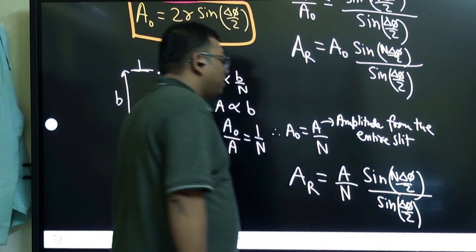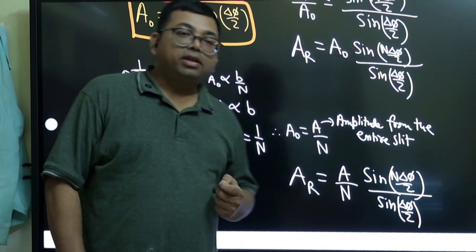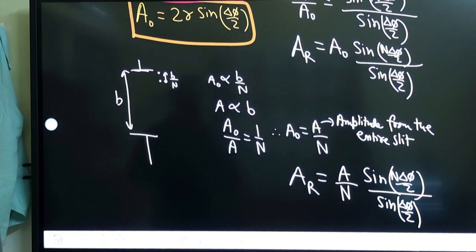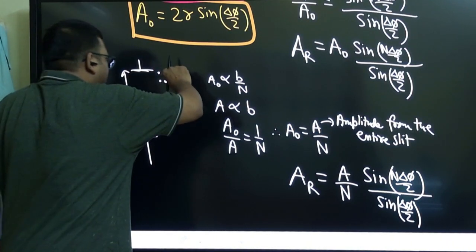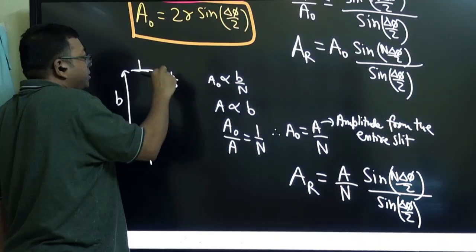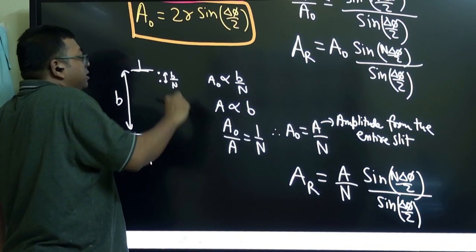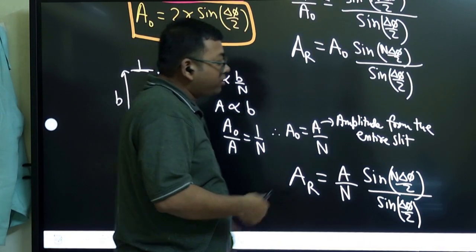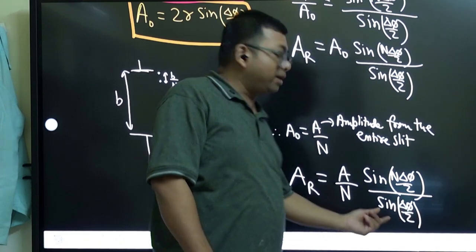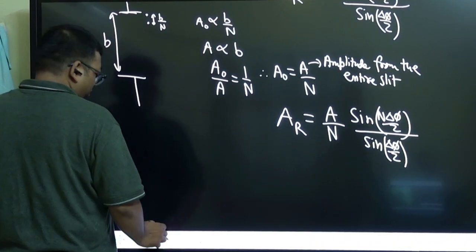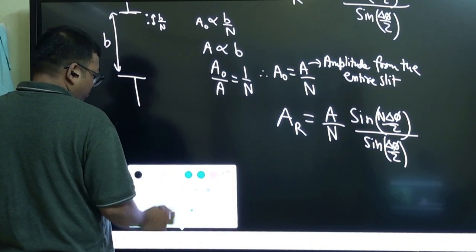And note that this angle delta phi is very small because it is the phase difference between these two waves, and the number of slits is infinity like that. We have taken a very large number of slits because these are like elements. So now we can do an approximation because this is a very small angle. Here we can write that sine as same as that, right?